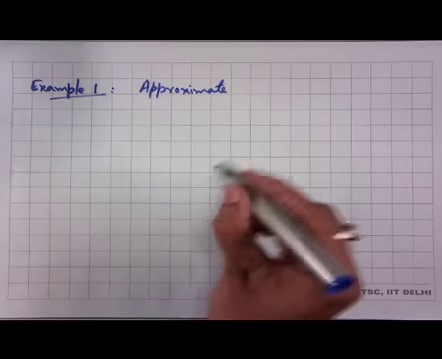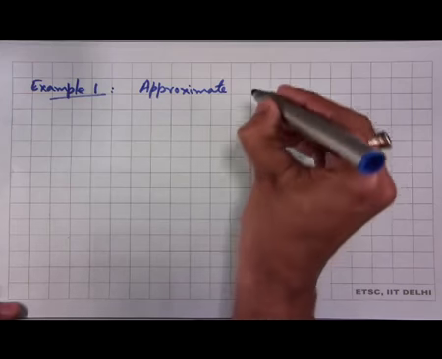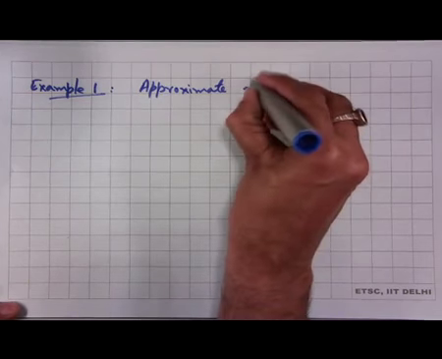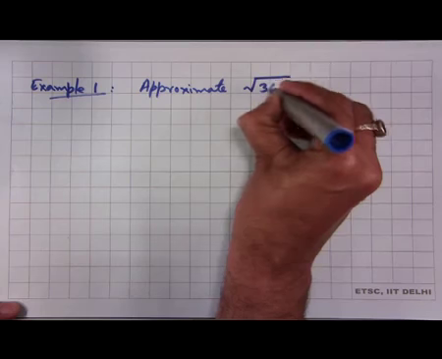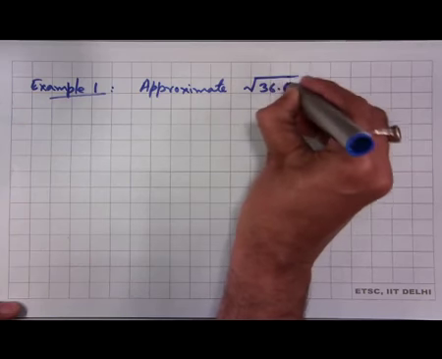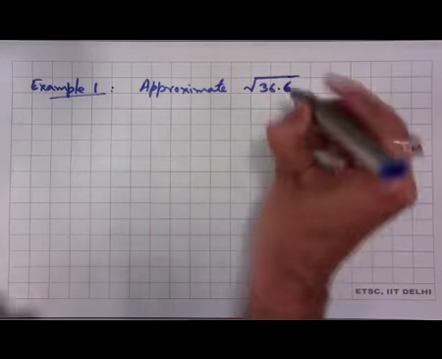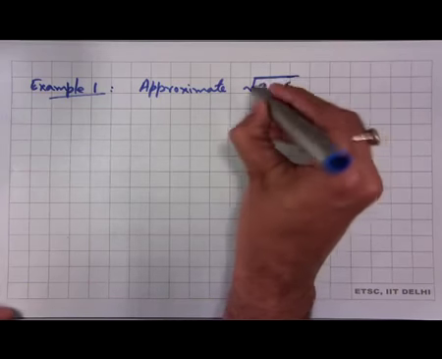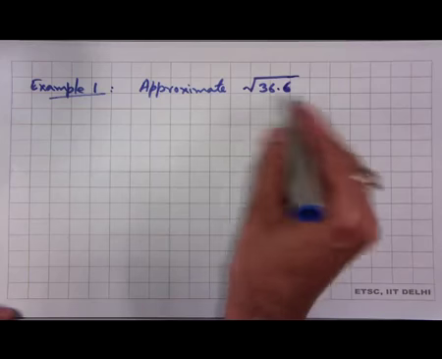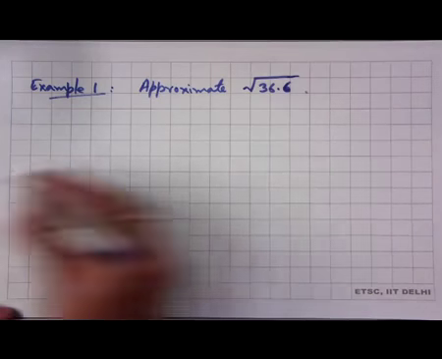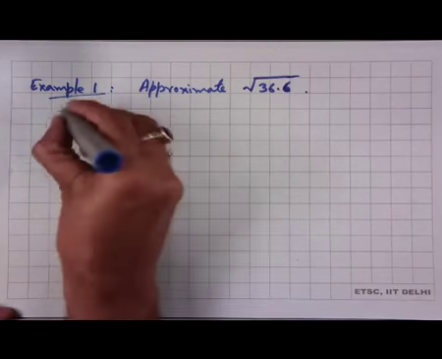Example 1, we want to approximate the square root of 36.6. Of course, you must have learned a method to calculate the square root of any number. So, this can be calculated, but we want to approximate this.